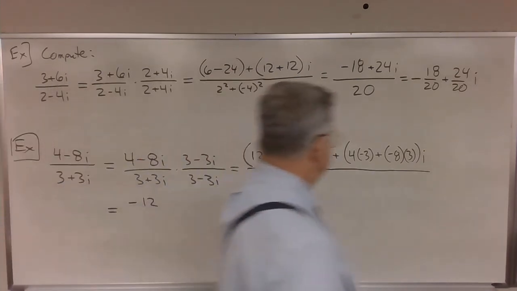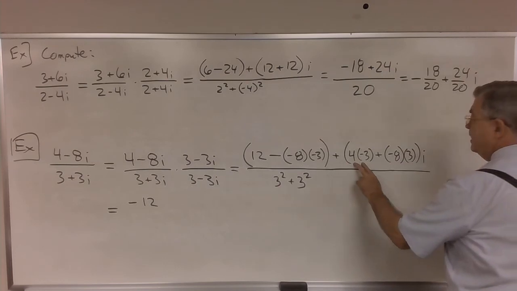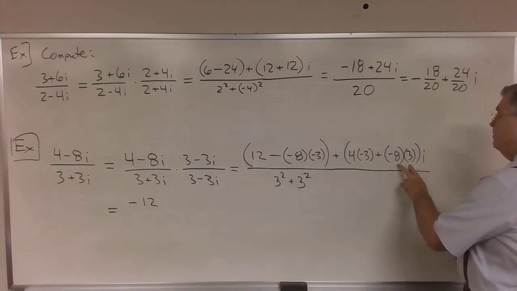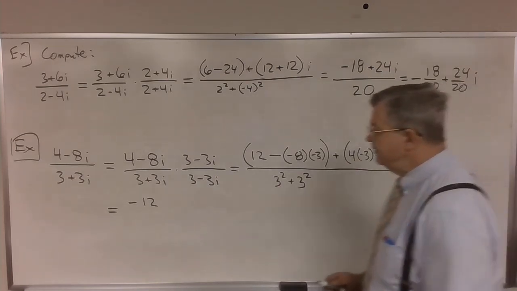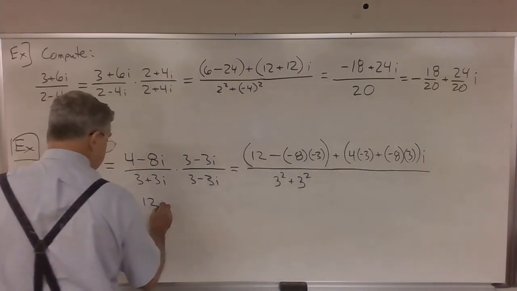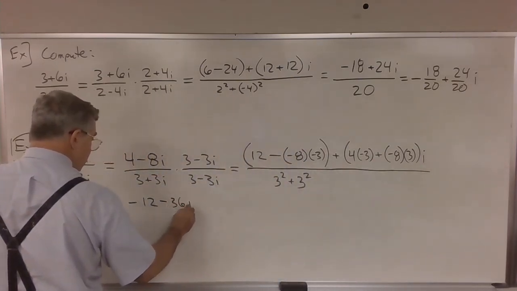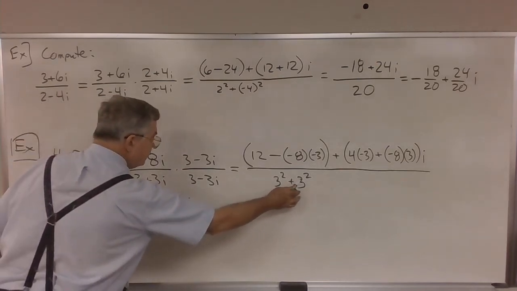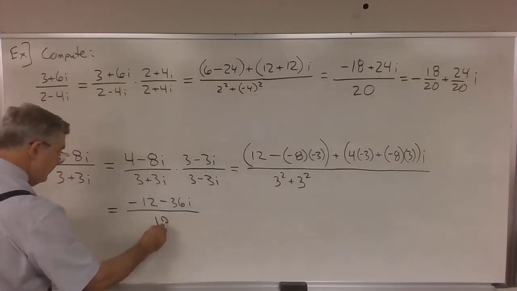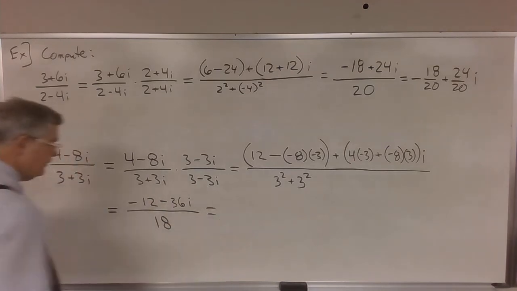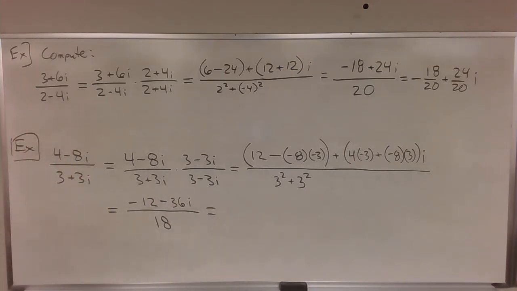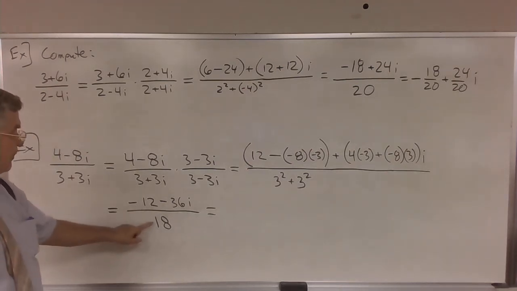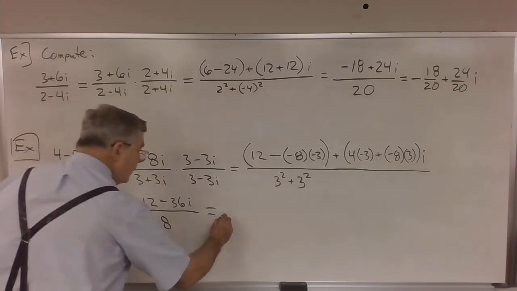And what about over here? Negative 12 minus 24 is negative 36. i. All over, let's see, 9 plus 9 is 18. So negative 12 over, well, I'll write it out.